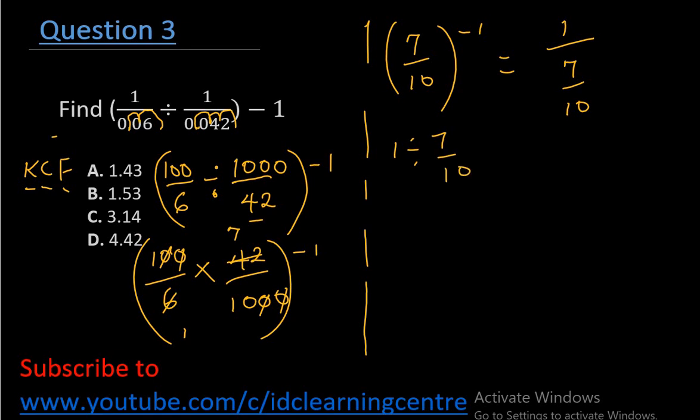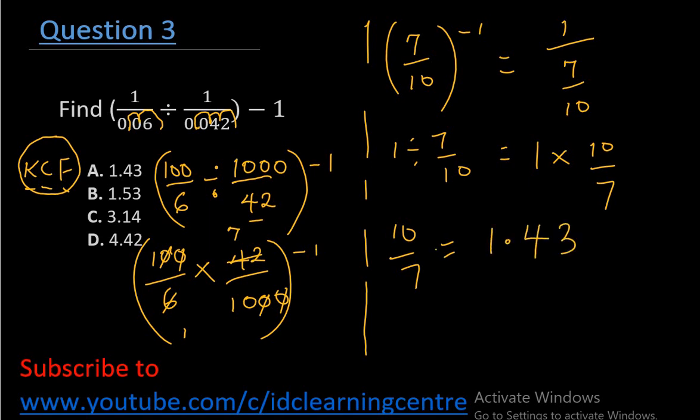Then we use the concept of KCF again. So we keep the 1, change the division to times and flip. So 1 times 10 is 10. 10 divided by 7 will give me approximately 1.43. If you punch it into the calculator, you'll get this. So the right answer is A.